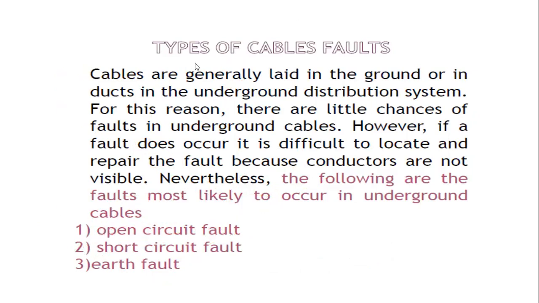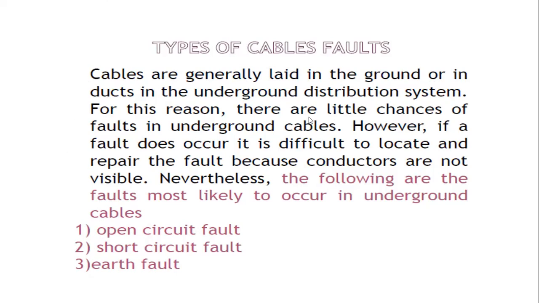Next, what are the faults obtained in the case of cables? That is, types of faults in cables. The cables are generally laid in the ground or in ducts. Underground cables means the cables are placed underground.